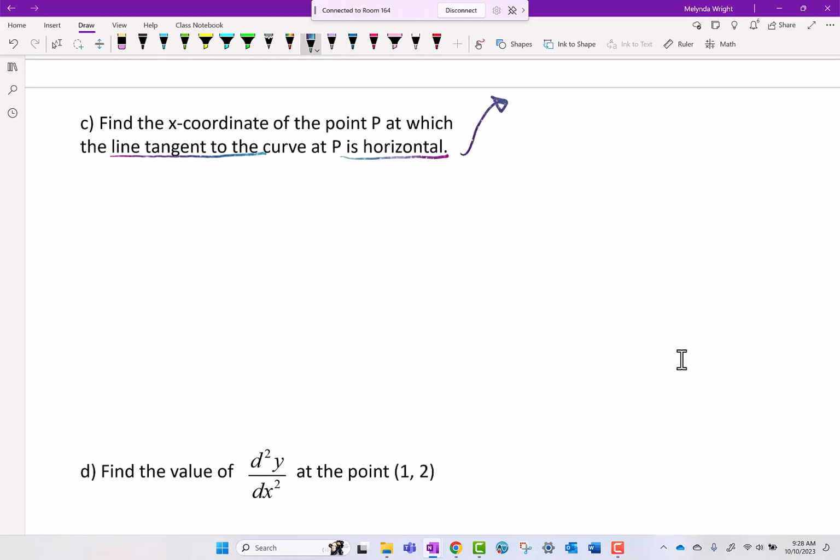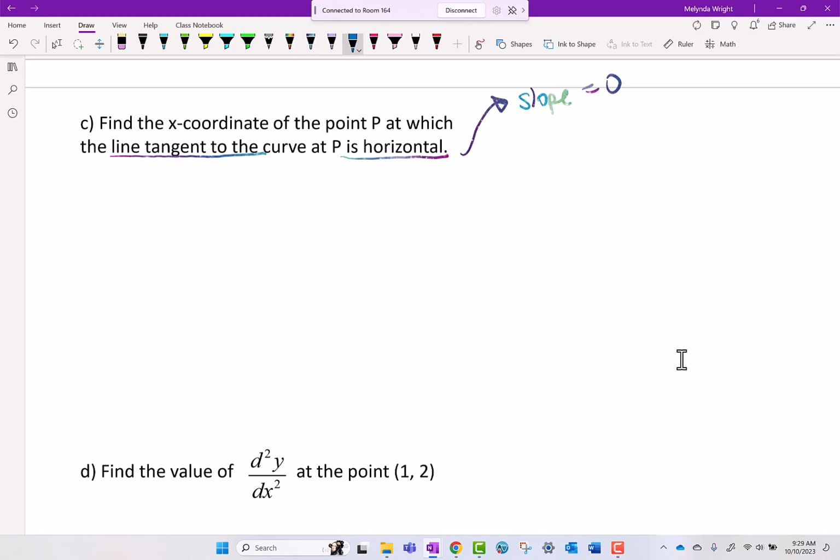What does it mean for a tangent line to be horizontal? The slope is 0. So we're looking for the slope to equal 0. That's what a horizontal tangent line is. And where do we get the slope of tangent lines? From the derivative.